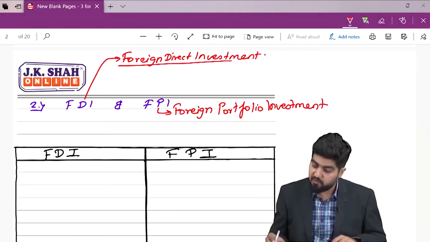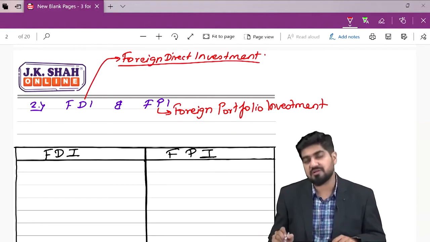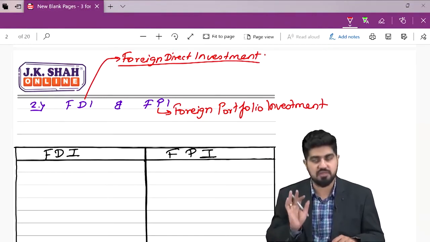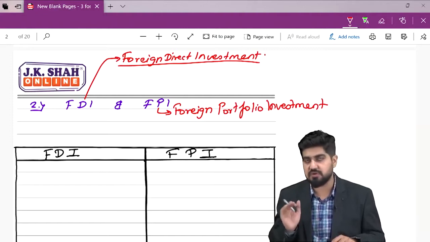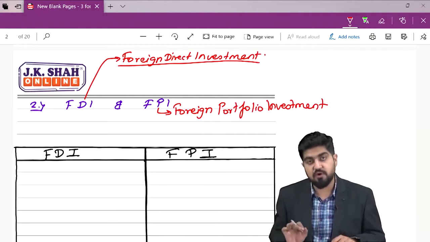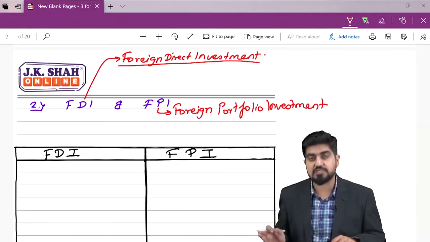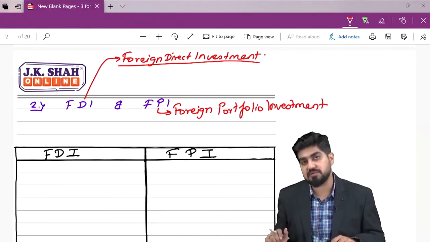Now, whenever there is a cross-border transaction, it is called as foreign investment if it is coming into our country. But this foreign investment, how it will be classified as foreign direct investment?